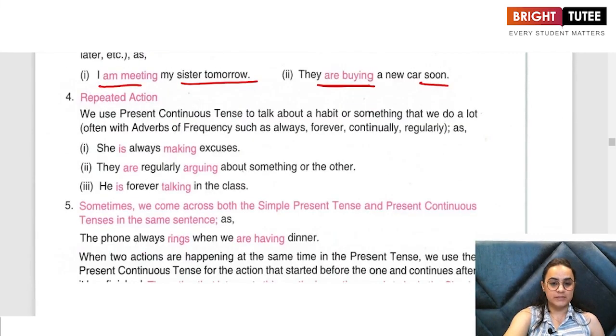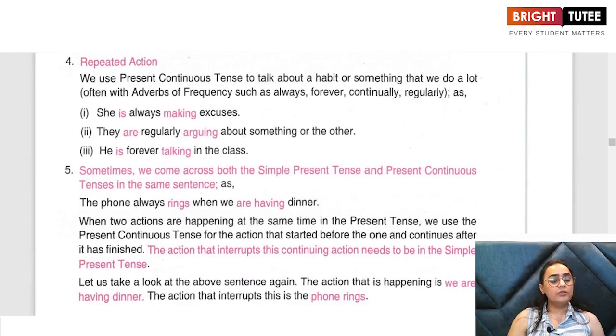The next use is to talk about repeated actions. Those actions which take place always, forever, continually or regularly, we use the present continuous tense for such actions. For example, she is always making excuses. Always is used here, so is making excuses.